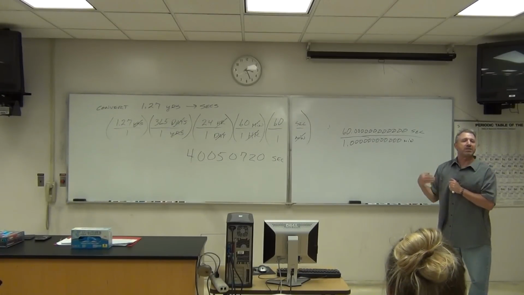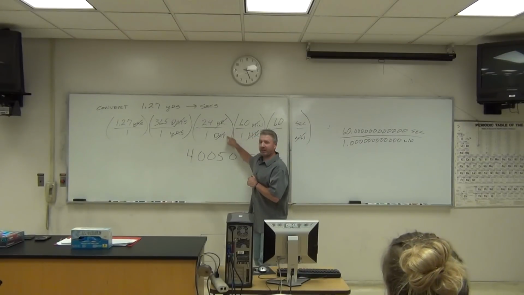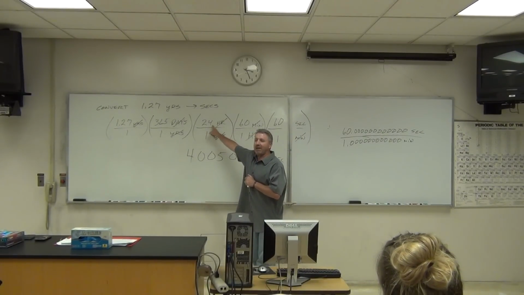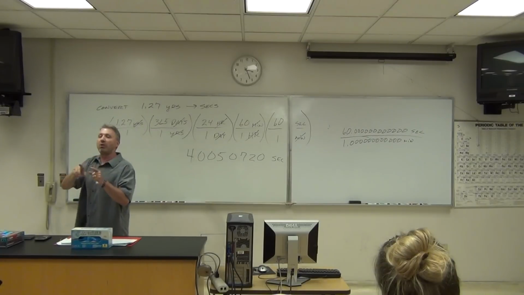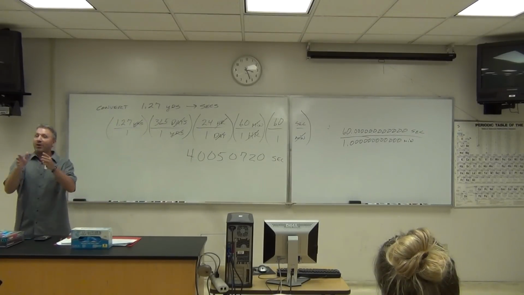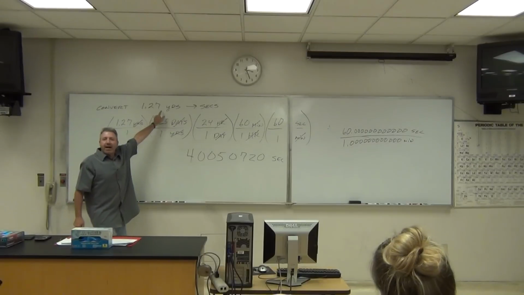So we simply don't consider it. The bottom line: whenever you see a conversion factor, we understand that this can have as many significant digits as we would like to put on it, and therefore we don't consider it for the number with the least number of significant digits. It's only data.